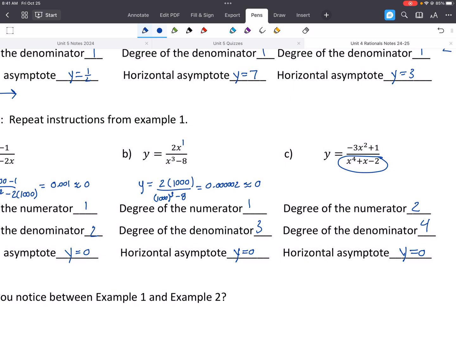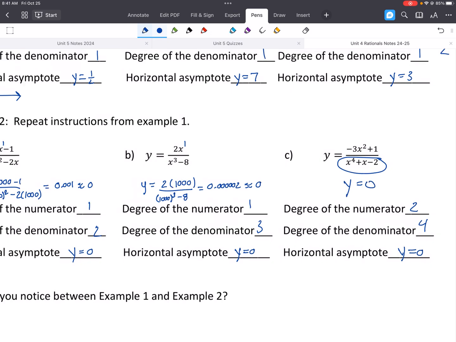Like 1,000 to the 4th, that's 1,000,000,000,000, and for the top, it's only 1,000 squared, which is 1,000,000. So 1,000,000 divided by 1,000,000,000,000 is really small, really close to 0. I think in effect, if we plugged 0 into that function, we would end up getting 0.